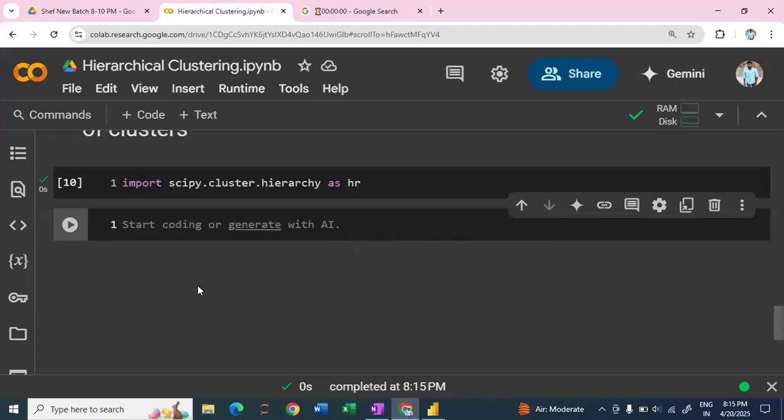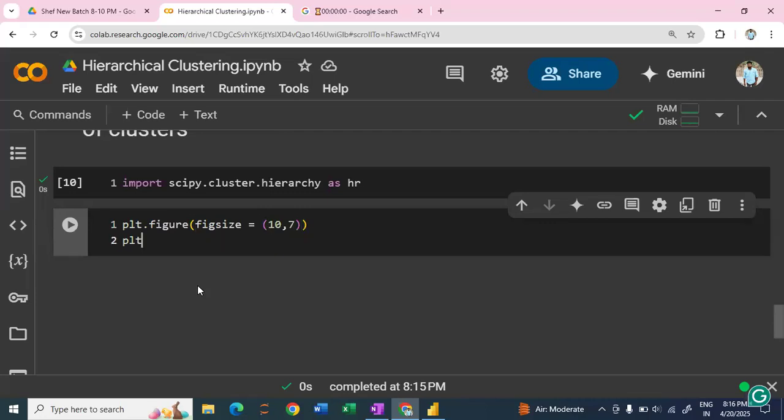Now, what I'm doing here, I'm going to create the dendrogram. So first of all, just define the figure size. So plt dot figure, and figsize is equal to 10 cross 7, and the title should be plt dot title.